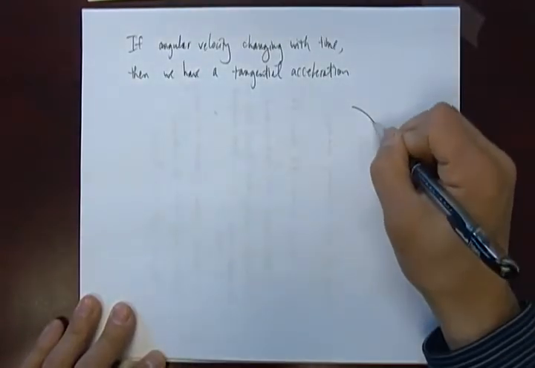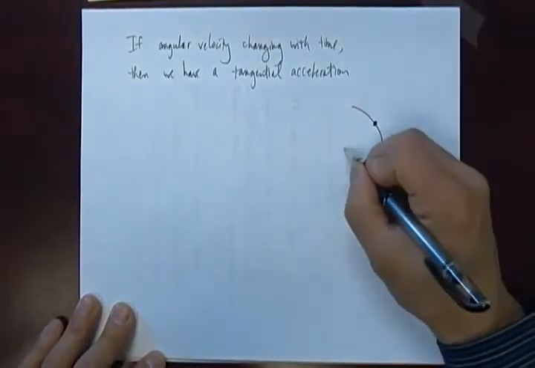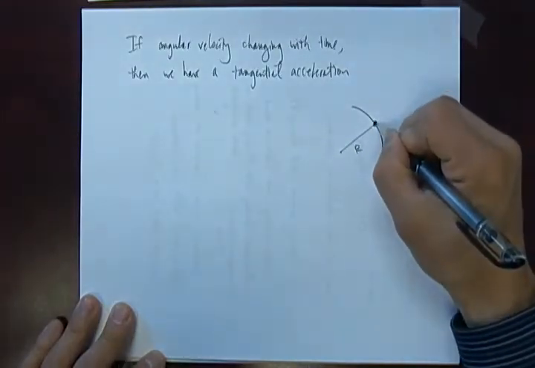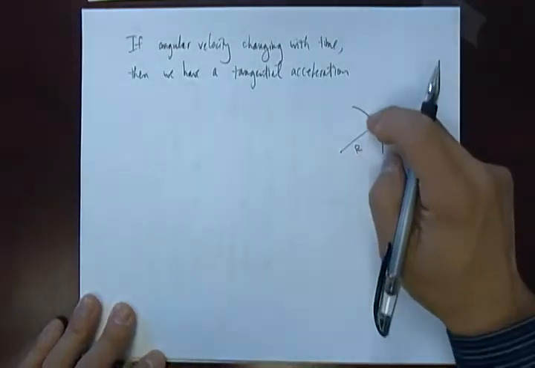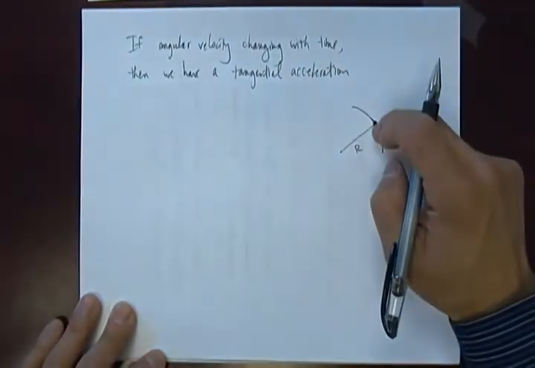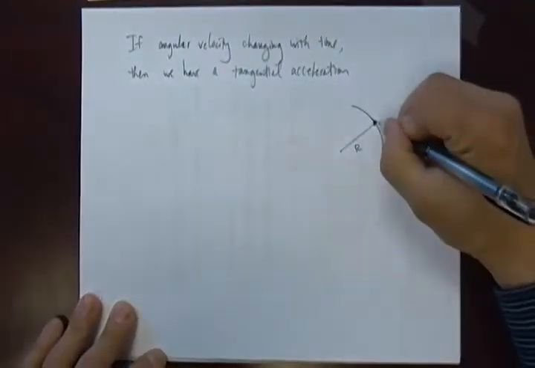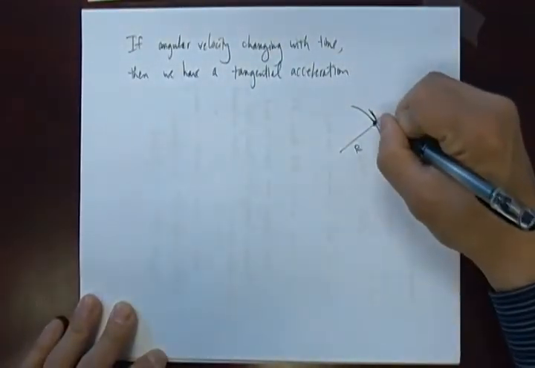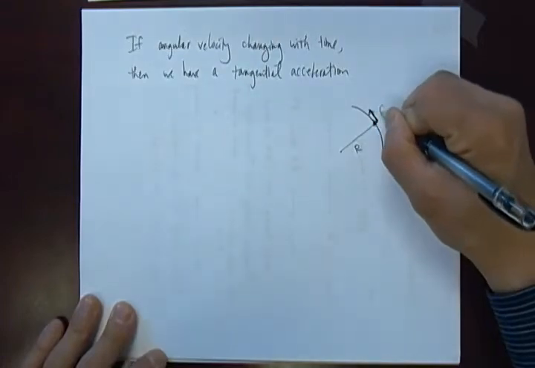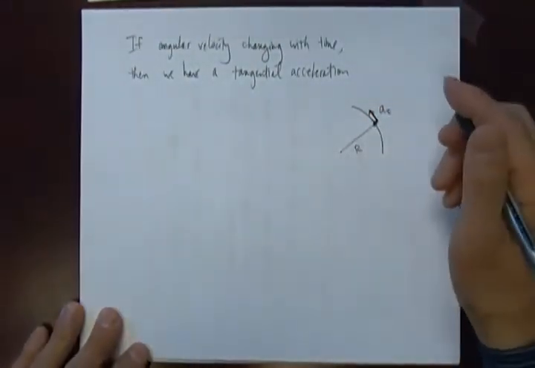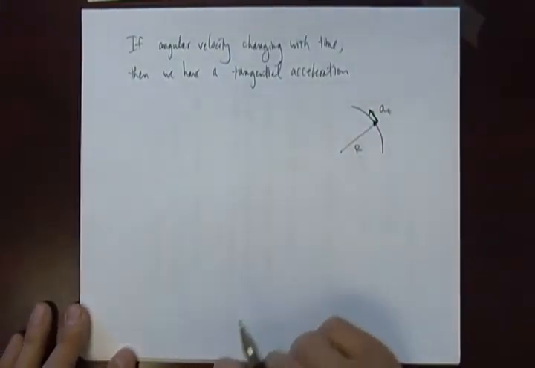So we have the circle, we have an object. Here's the radius of the object. Let's suppose the speed is getting faster. It starts off slowly, then it goes around more quickly. Then there will be some tangential acceleration like this, tangent to the circle, in addition to the radial or centripetal acceleration, which we'll mention in a second.